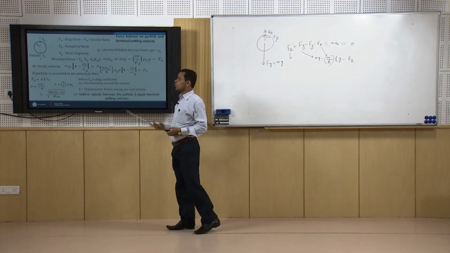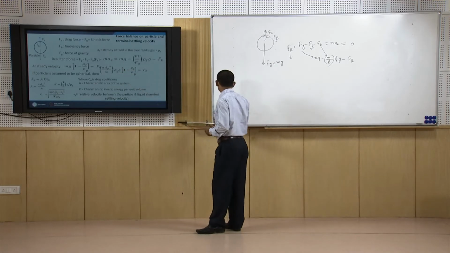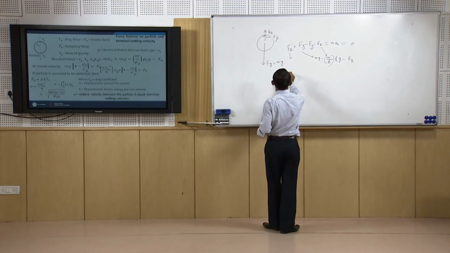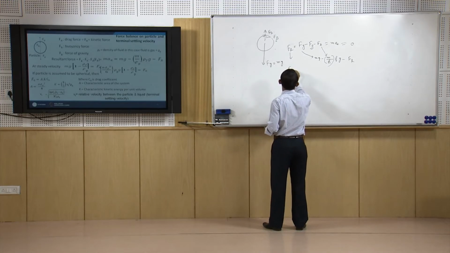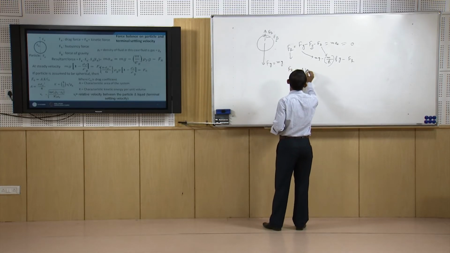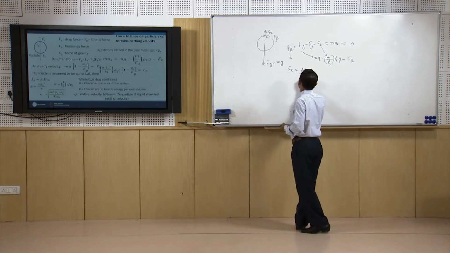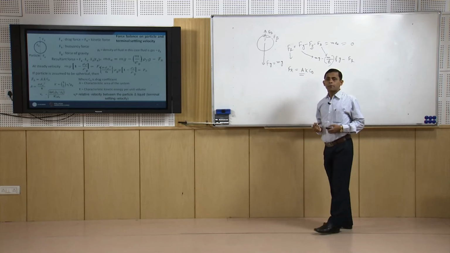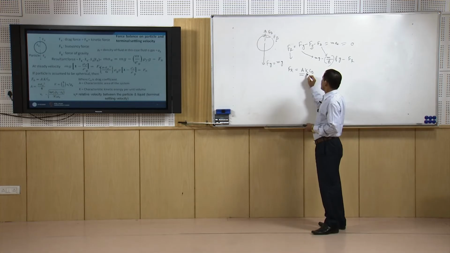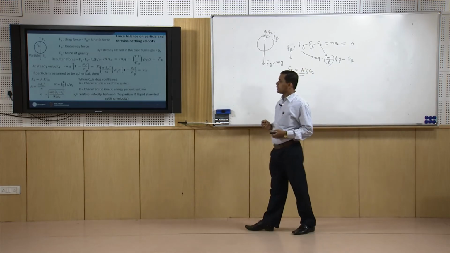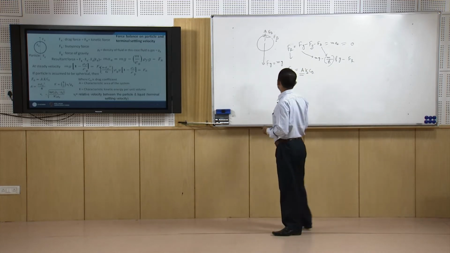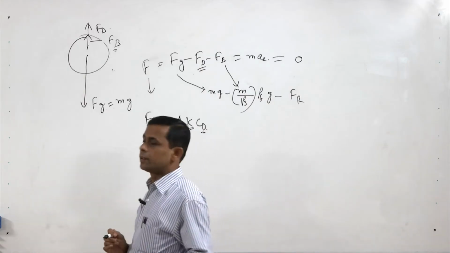Fr is equal to A K Cd, where A is the characteristic area of the particle, K is the characteristic kinetic energy of the particle, and Cd is the drag coefficient.